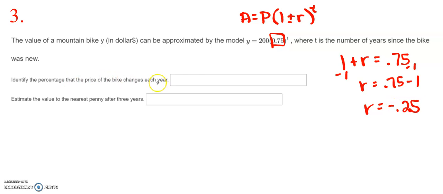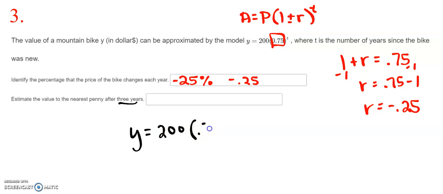So the percentage that the price changes each year would be negative 25%, or you could do negative 0.25. There's a lot of different ways you could write that answer, but it would be decreasing by 25% each year. Estimate the value to the nearest penny after 3 years. So 3 years represents a time. So we want to know, what is y equal to when t is equal to 3?